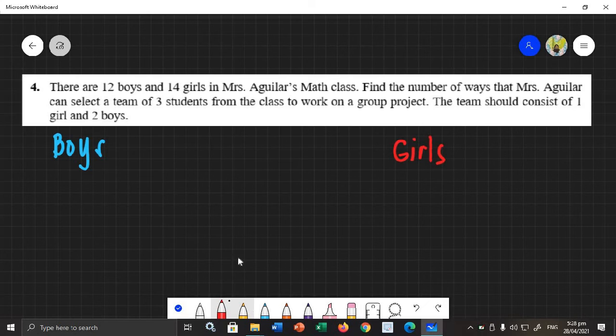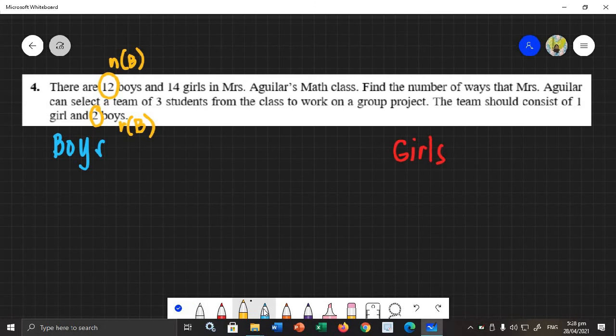So sa boys, we have 12 boys, no? So ito yung N for boys. And then, sabi dito, yung team dapat mag-consist ng dalawang boy. So, yung R mo is 2 dun sa boys. Okay?